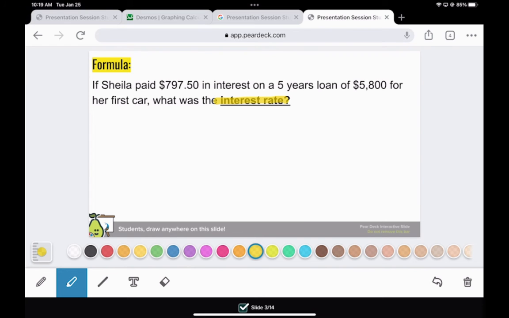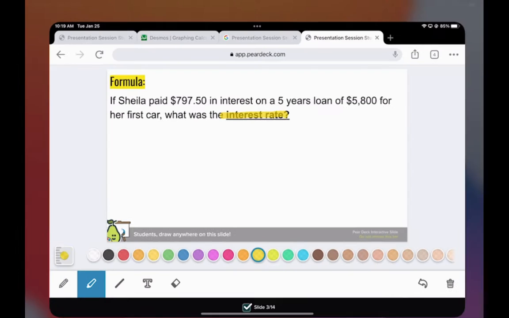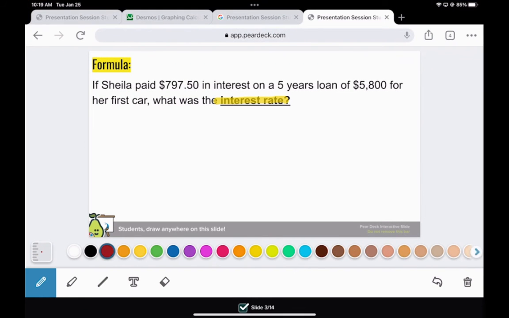Which formula am I going to use? So here in 8.1, interest rate is this one, right? You have it right in front of you: R equals I over PT. So I know that's the one that I'm going to use. R equals I over PT. So that's how I will use that in notes for tomorrow, all right?